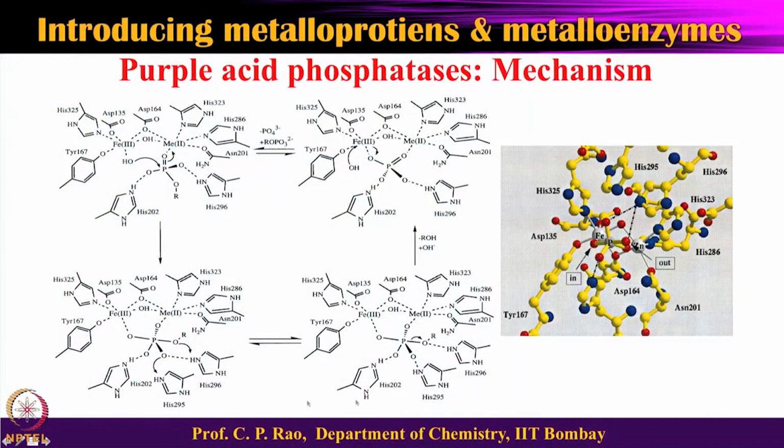Out of the two metal centers, one metal center is involved in the binding, the other metal center is involved in providing the hydroxide, and then stabilizing or favoring the formation of the transition state, and then the water attack. And the secondary groups are involved in recognition as well as the protonation and deprotonation steps in this too.